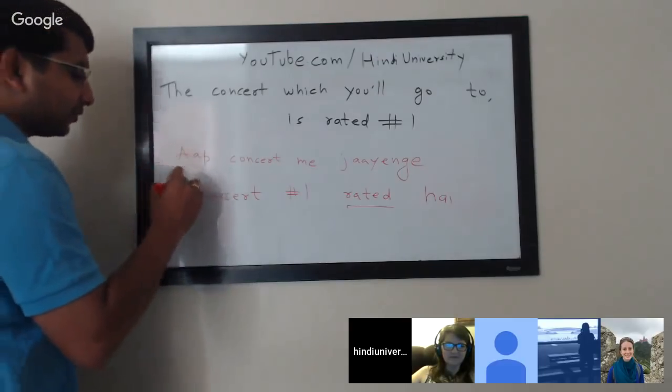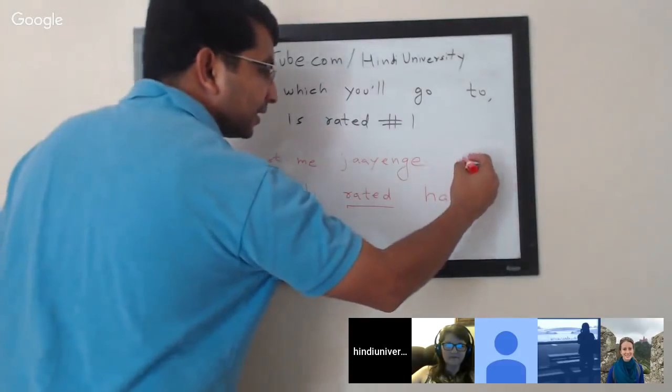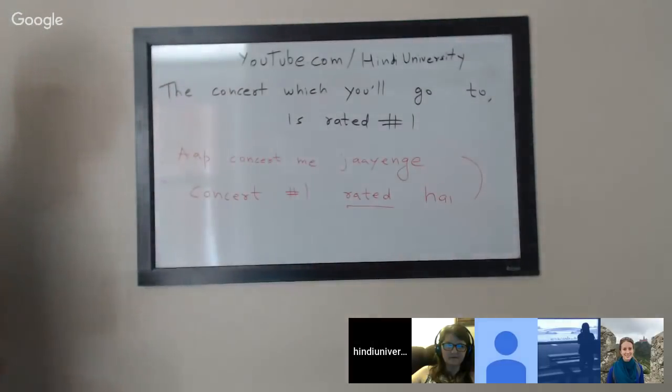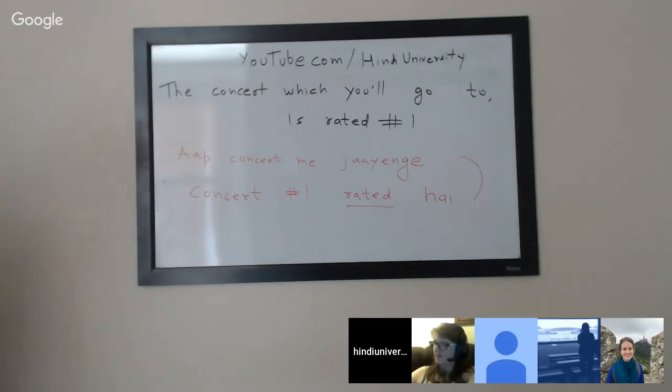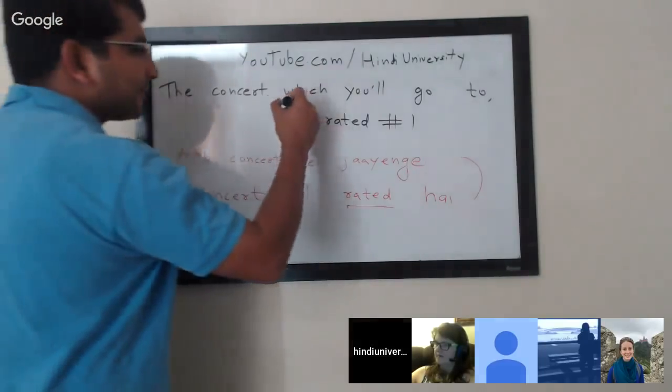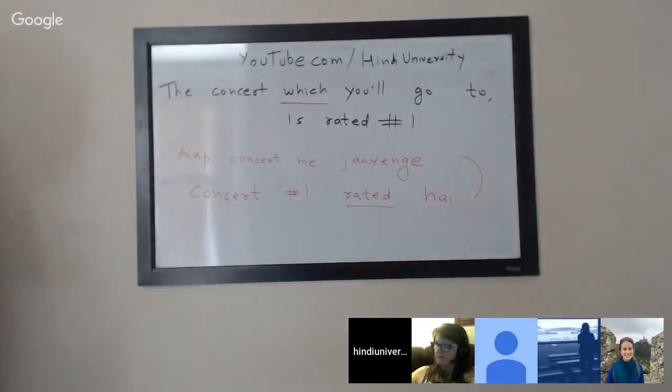Now let's combine both of them. I want to caution you, not necessarily will we be using jo. You will be using a variation of jo, because we have which here. It's simple, trust me.